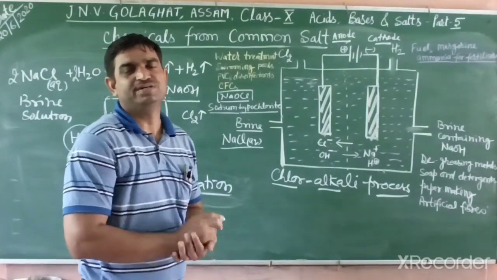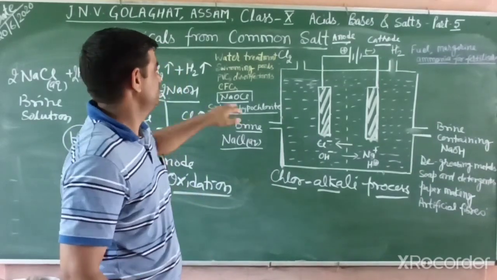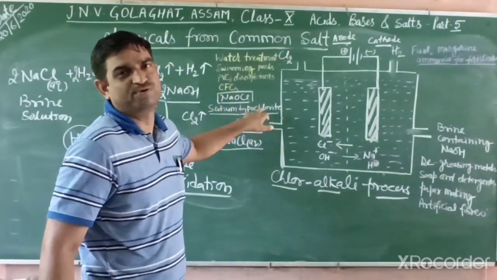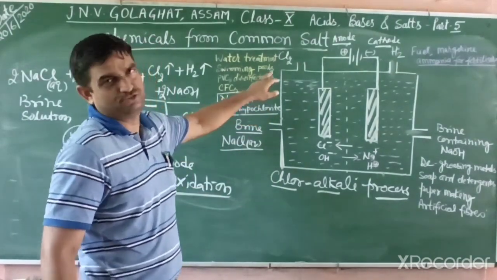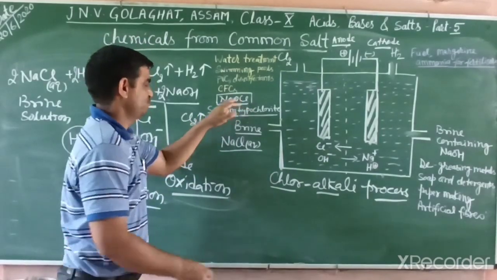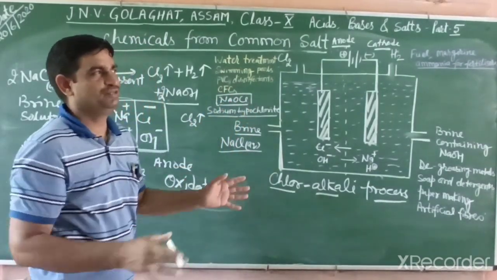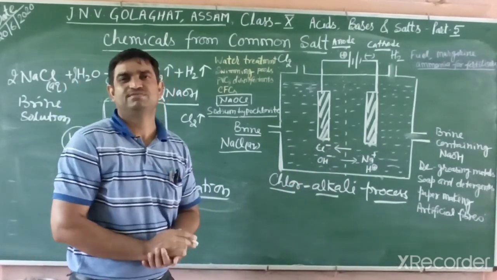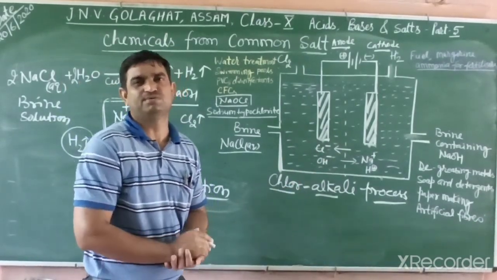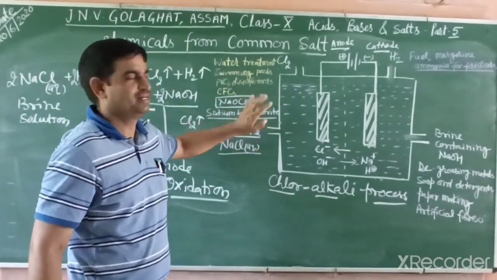Nowadays, in COVID-19, we sanitize the whole campus with a chemical known as sodium hypochlorite. This chemical is also made from chlorine gas and sodium hydroxide. Sodium hypochlorite, NaOCl, is used all over the world at this time for sanitization of campuses, because it is a disinfectant that destroys the virus.